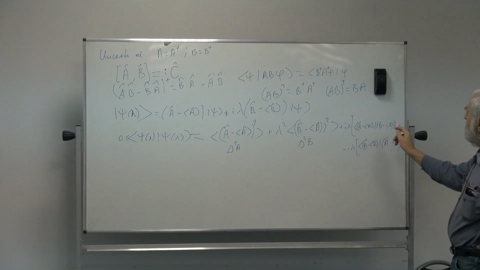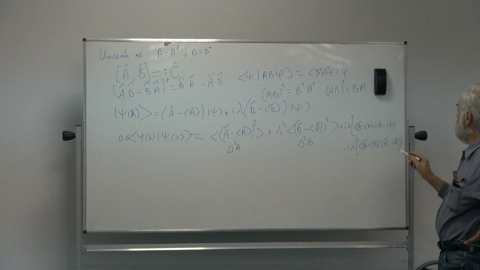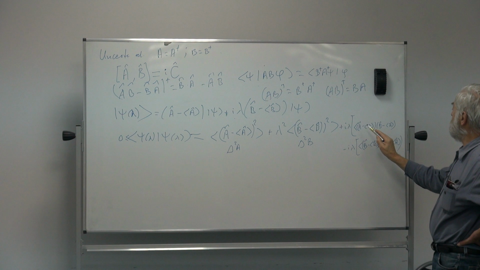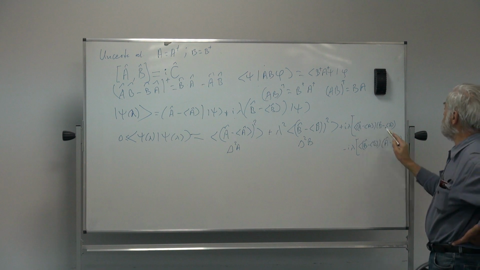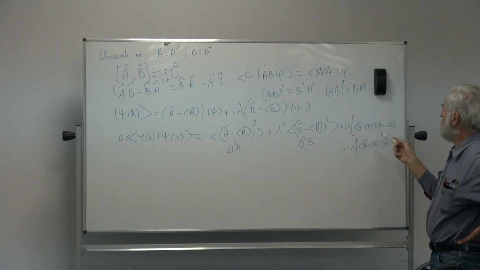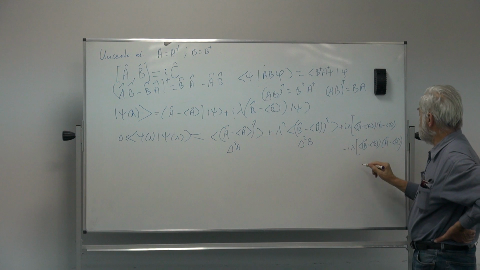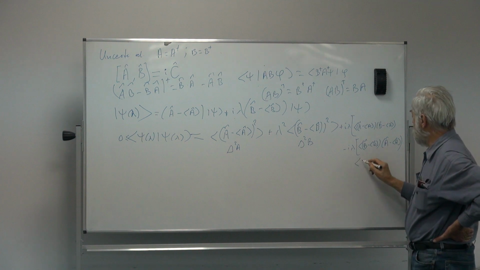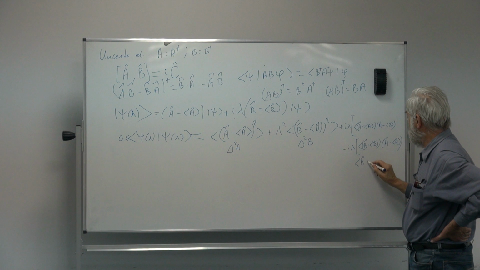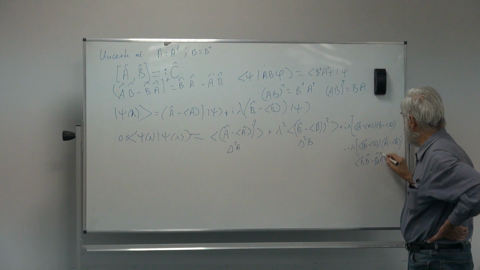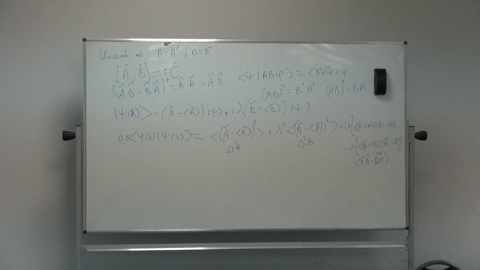When I do this multiplication, mean times mean will cancel, and also the linear terms in the mean will cancel. What will remain is the mean value of AB minus BA. And that's what we like, because that's a commutator.